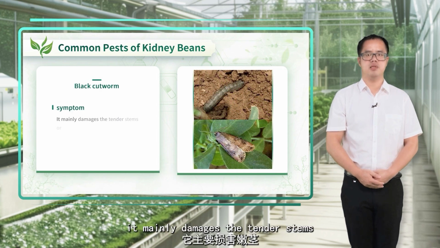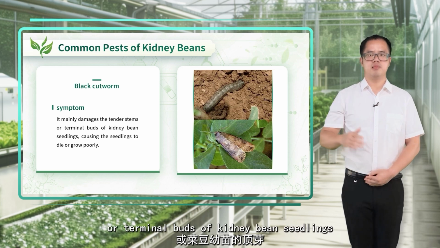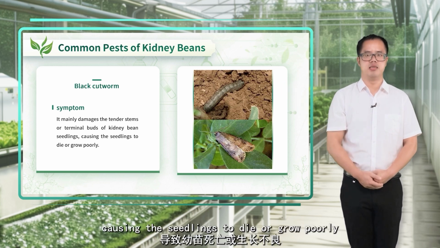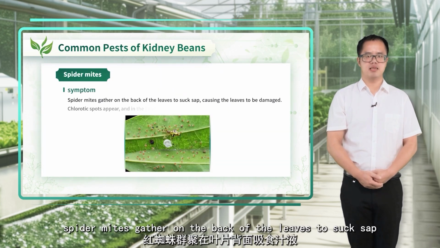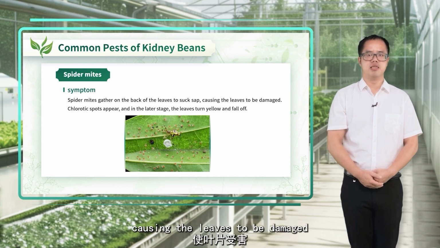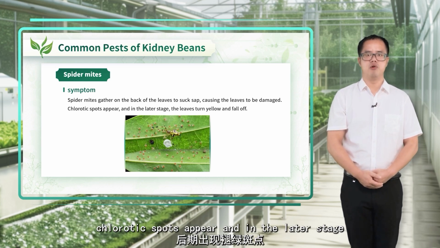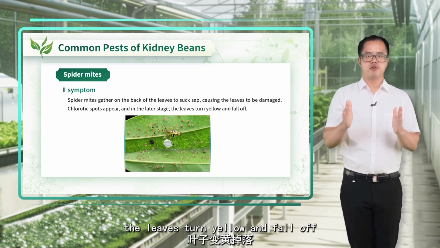It mainly damages the tender stems or terminal buds of kidney bean seedlings, causing the seedlings to die or grow poorly. Spider mites. Spider mites gather on the back of the leaves to suck sap, causing the leaves to be damaged. Chlorotic spots appear, and in the later stage, the leaves turn yellow and fall off.